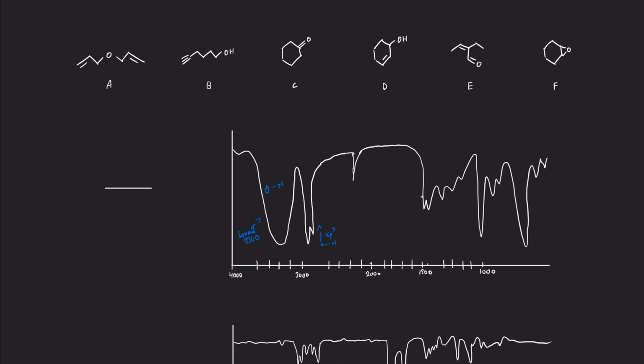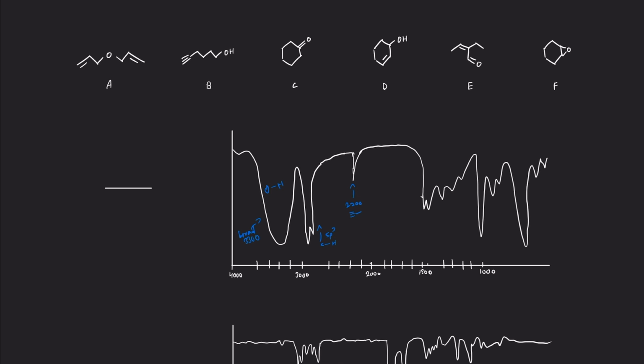And in addition to those two, I also see around 2,200 a terminal alkyne. So that's a good indicator of that. And usually with the terminal alkyne, you'll also see a spike past the 3,000 mark, but because the alcohol stretches there, it's kind of concealed.